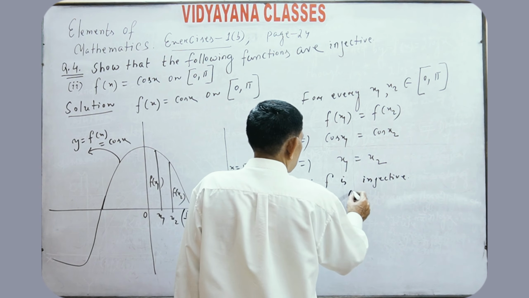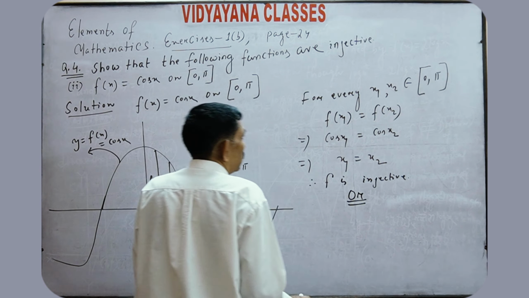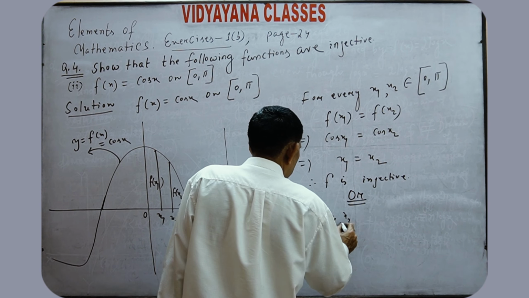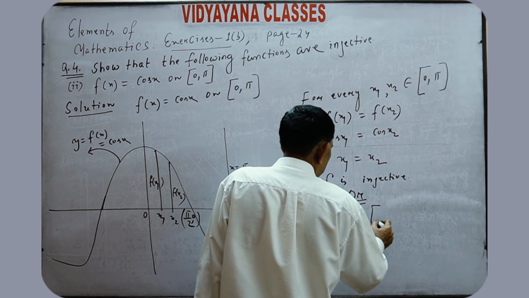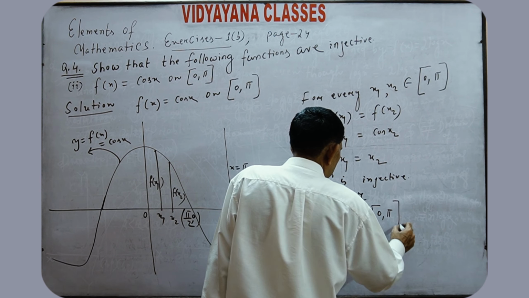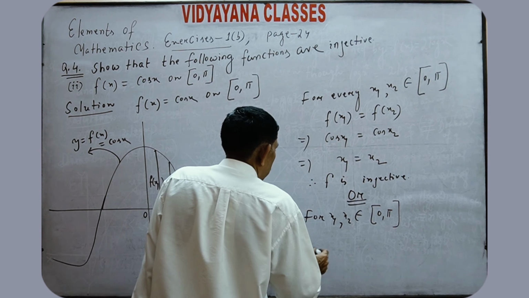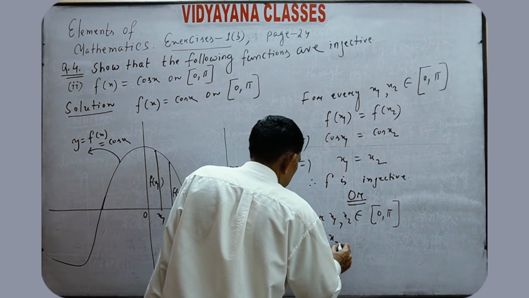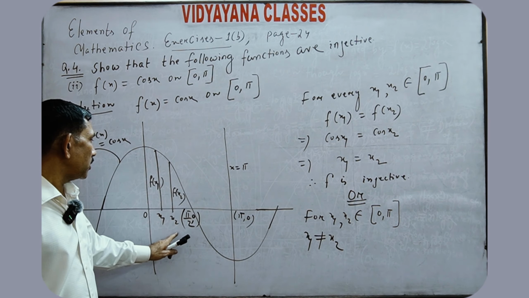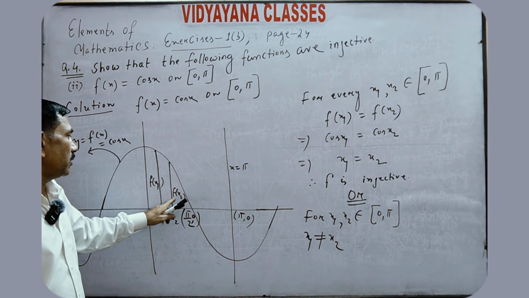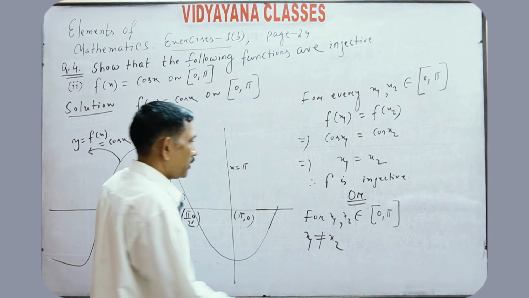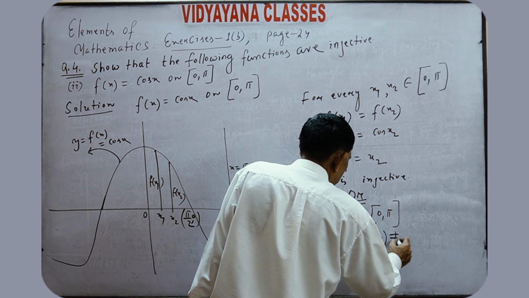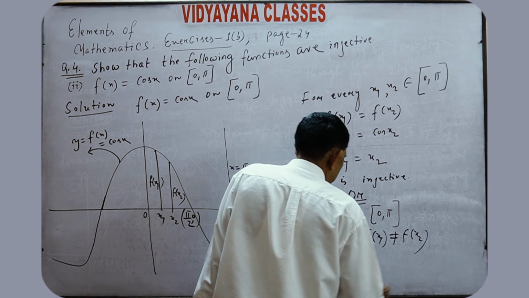Or, for x1, x2 belongs to [0, π], x1 not equal to x2 implies f(x1) not equal to f(x2).